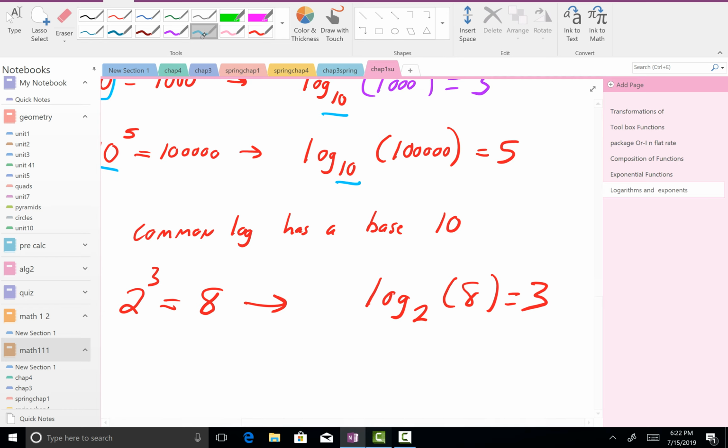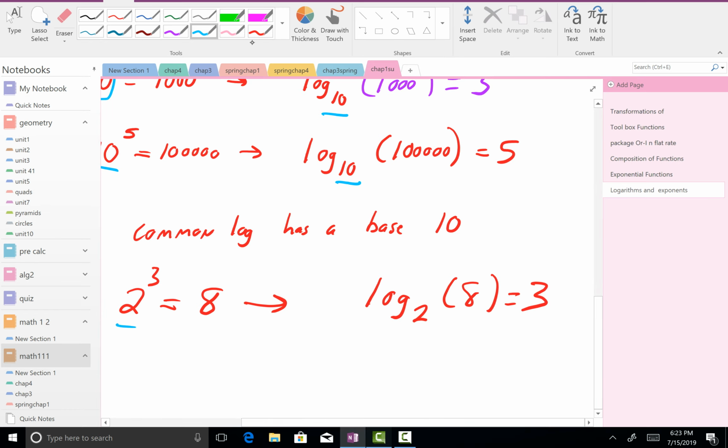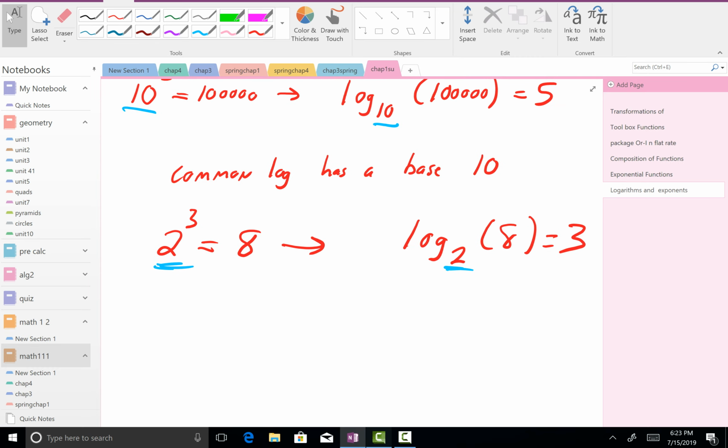The base is right here. That's your base. And logs can be any base. They can't be a negative base, I guess, but they can be any positive number. All right. So that's the definition of a logarithm. All right, and if you know that, you're going to be in good shape.